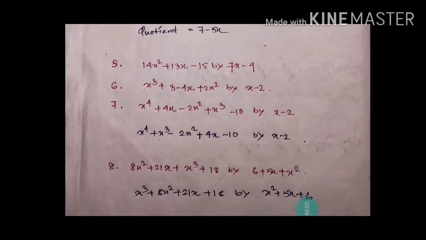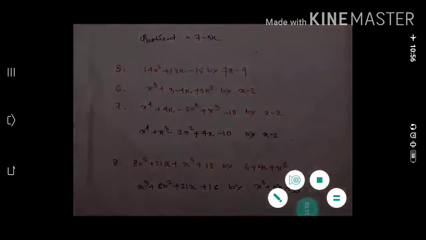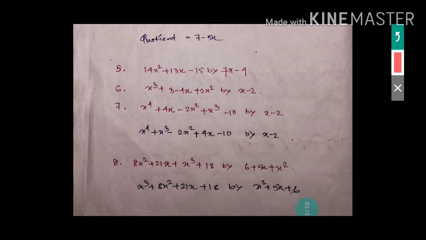Similarly, you have to do 5, 6, 7. Now before doing division, one thing you have to check. See, if the terms are not in arranged order, like in question number 6 also, x cube is given, then the constant term, then the 1 degree term, then the 2 degree term.